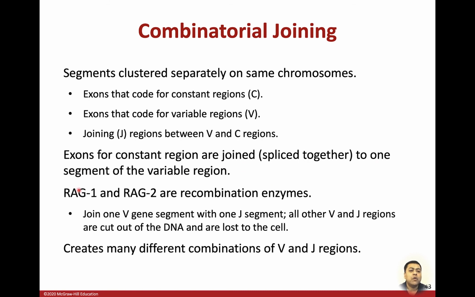And here you have some specific enzymes which are called RAG1 and RAG2. These are the recombination enzymes which are responsible for joining one V gene with one J segment, and all other V and J regions are cut out of the DNA and are lost to the cell. So one specific cell in its chromosome is going to create one of these V and J region combinations by splicing.